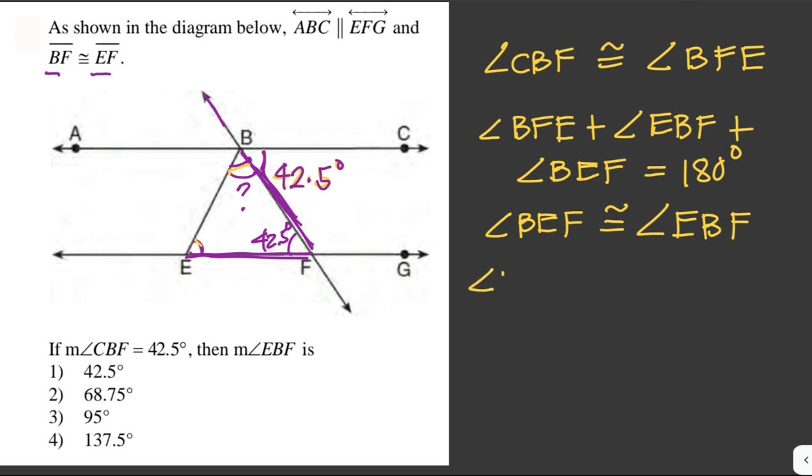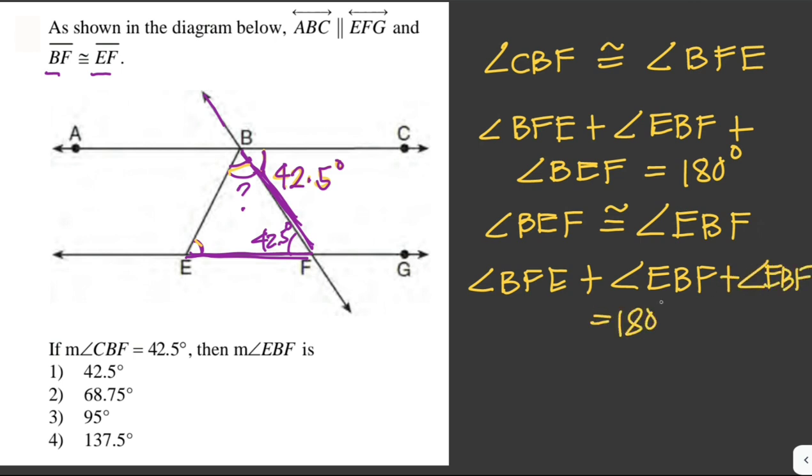So this would be angle BFE plus angle EBF plus angle EBF equals 180 degrees. So this would be 42.5 degrees plus 2 times EBF equals 180 degrees.